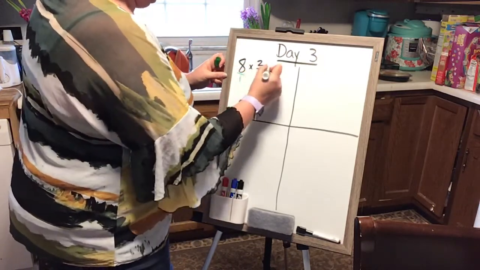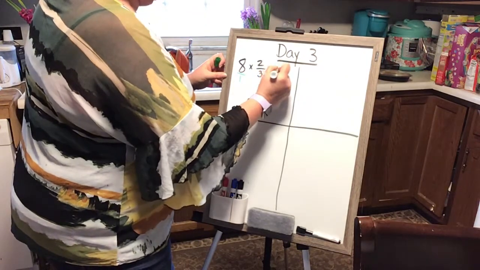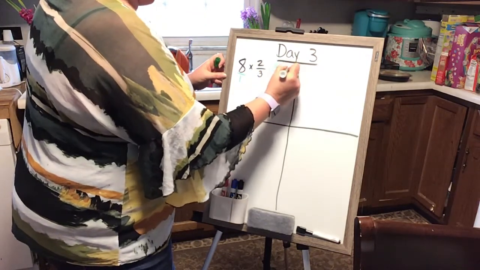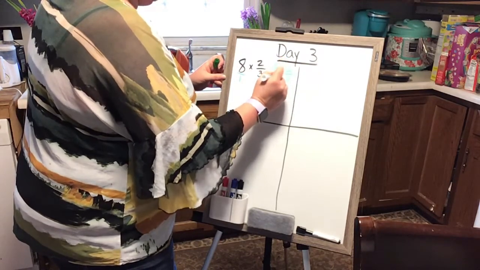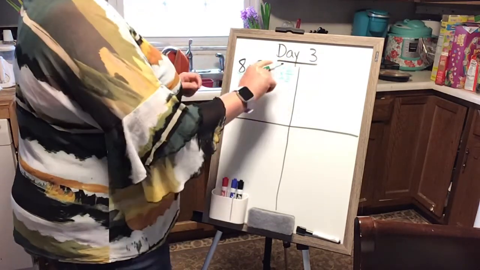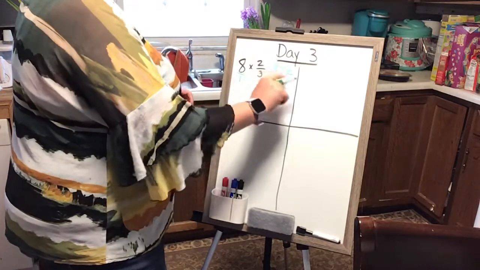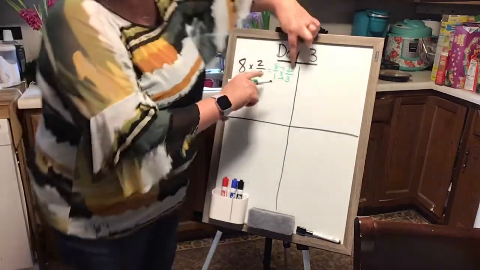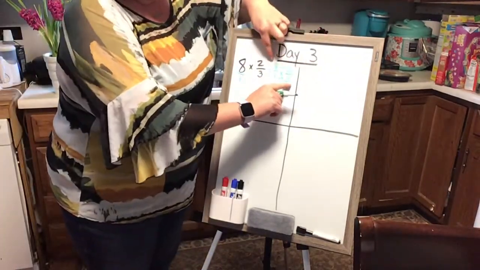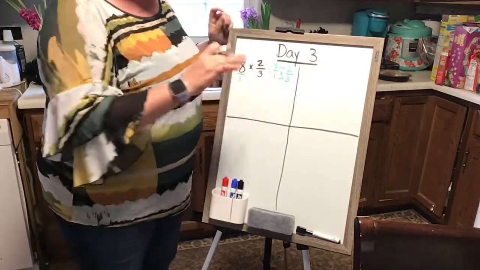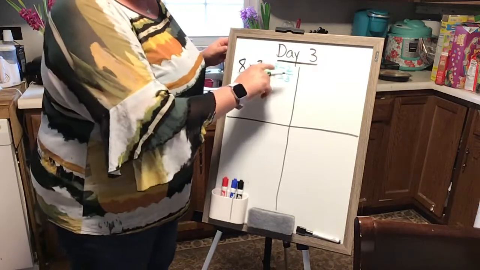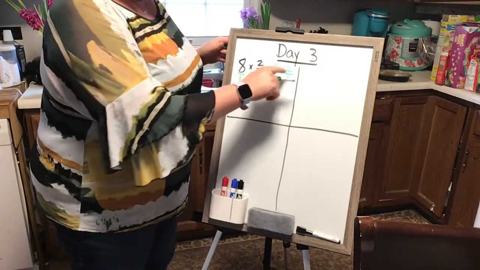So this is the same thing as 8 over 1 times 2 over 3. Okay, and I'm going to remember to multiply my numerators and my denominators. I'm actually looking crosswise to see if there's anything that'll cancel each other out to simplify this before I multiply, but there's nothing I can do here.